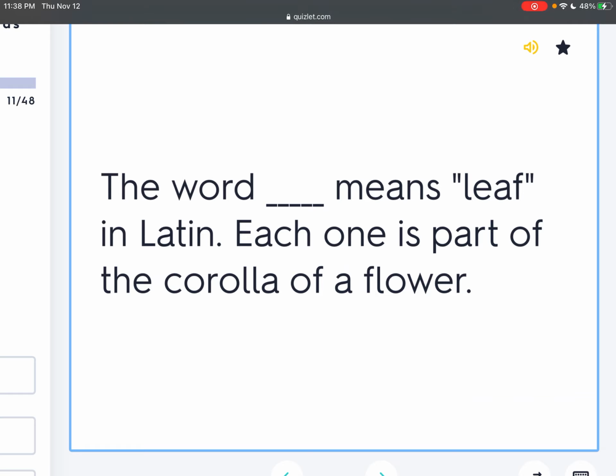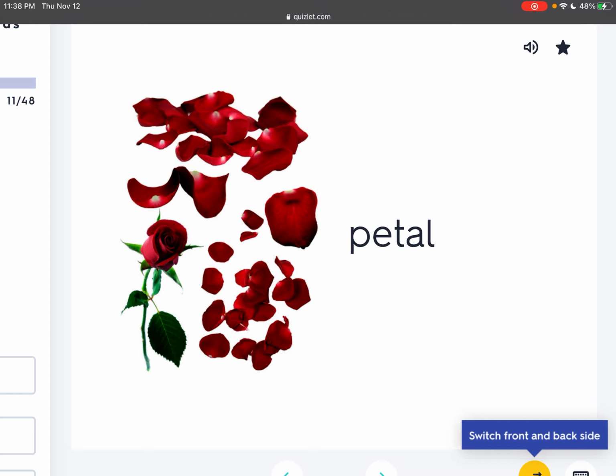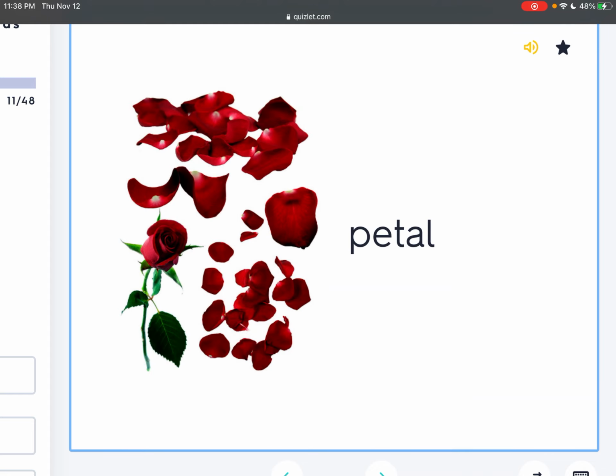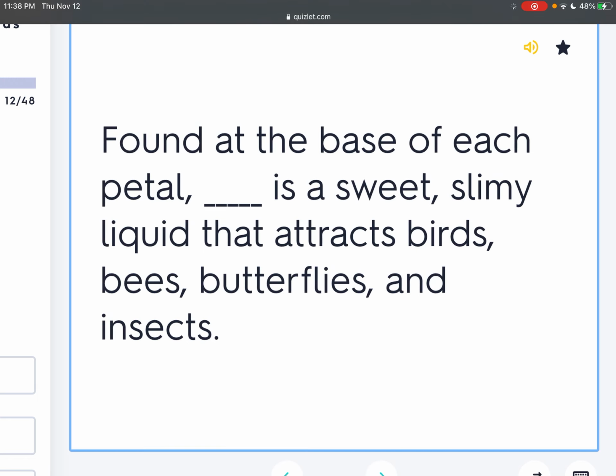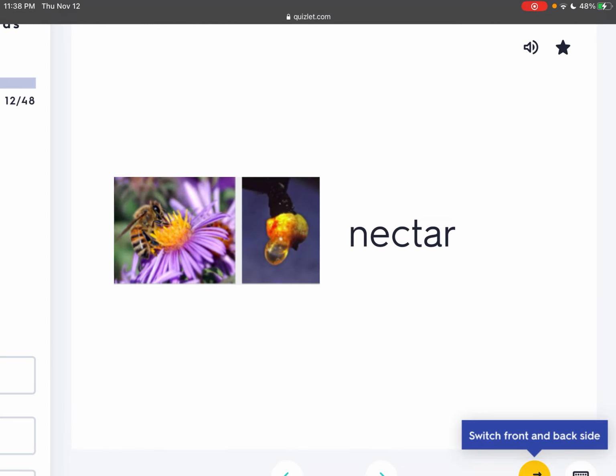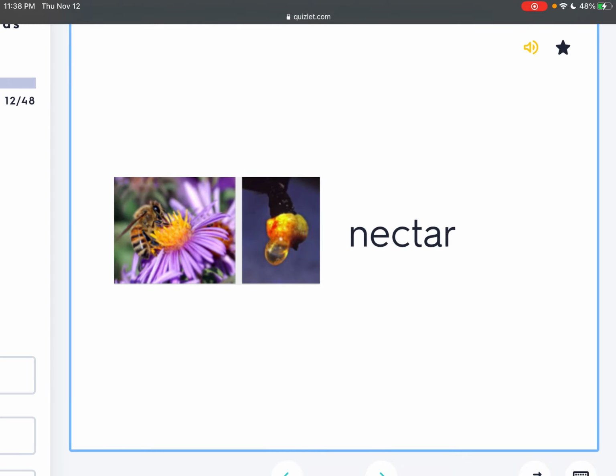The word blank means leaf in Latin. Each one is part of the corolla of a flower. Petal. Found at the base of each petal, blank is a sweet, slimy liquid that attracts birds, bees, butterflies, and insects. Nectar.